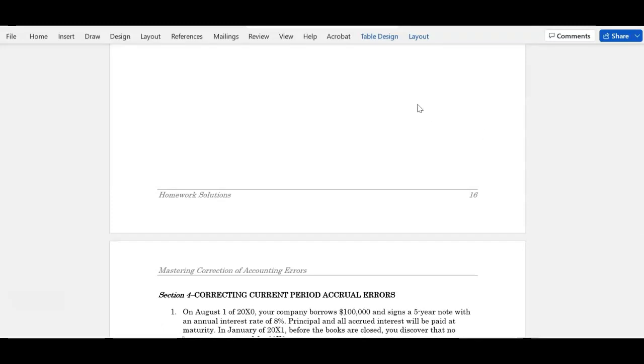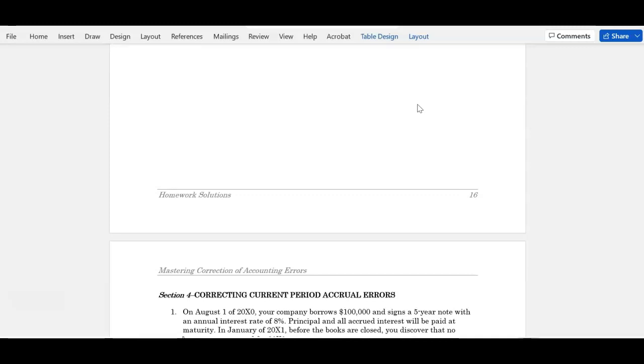Nothing? All adjustment has to be done in the worksheet first. Worksheet is a plan of action. So you do all the adjustments in the worksheet. Then in the worksheet, you prepare your adjusted trial balance. Then, using the adjusted trial balance, you prepare your income statement and balance sheet.